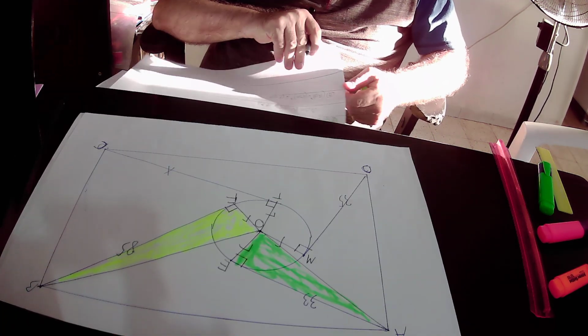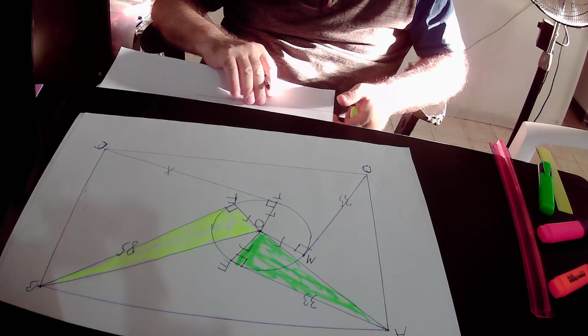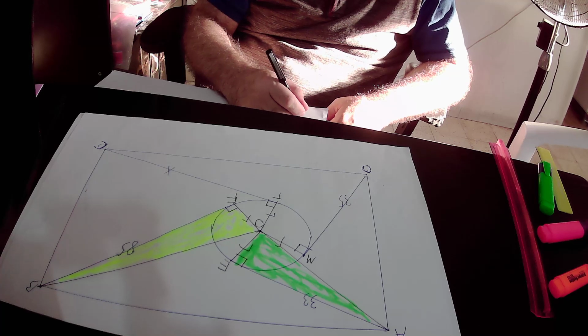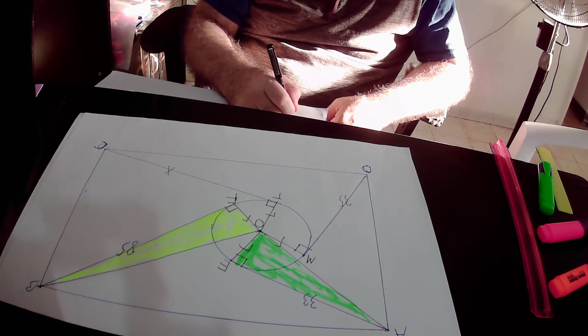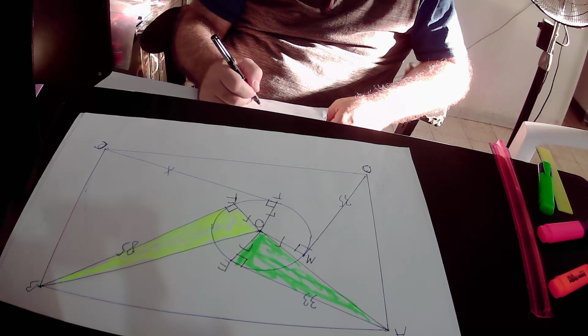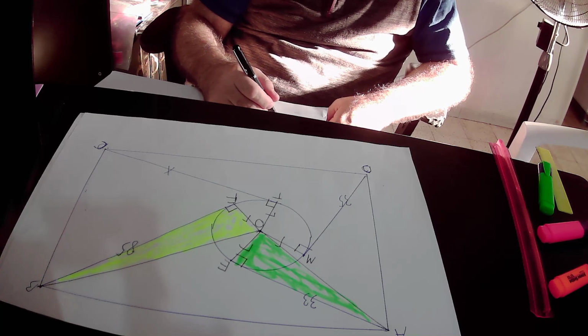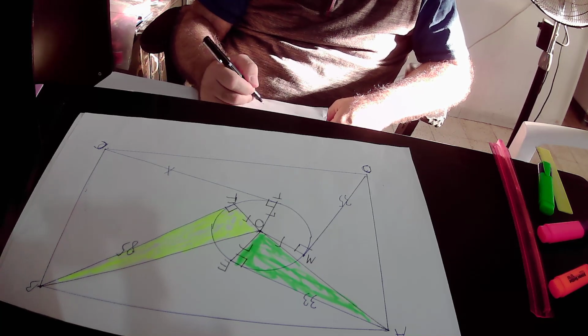So BO square equals OF square. OF is R, therefore OF square is R square, plus FB square.